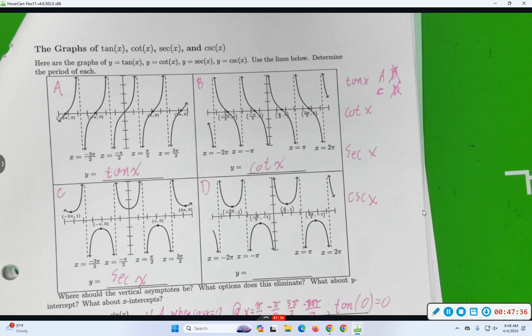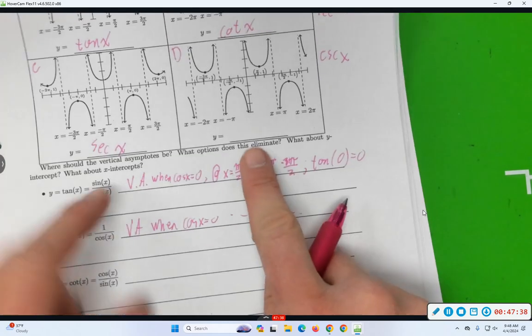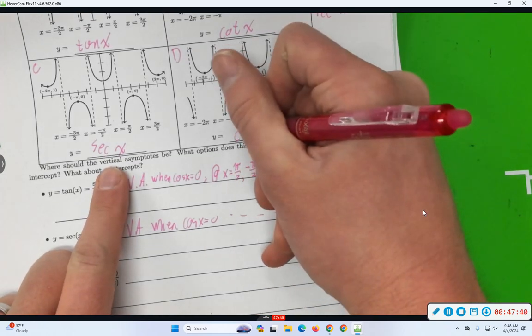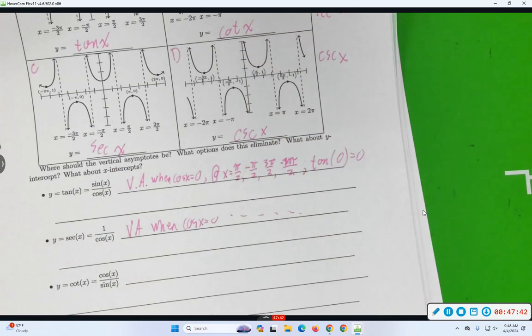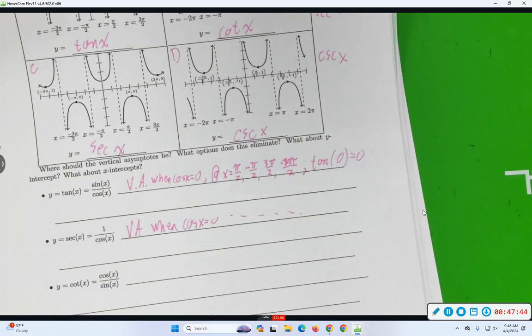Instead of sine over cosine, it's cosine over sine. The graph of cosecant, well, secant is 1 over cosine, cosecant is 1 over sine. Sine and cosine are super closely related. They're just shifts of each other. So these two should be shifts of each other. Feel pretty okay?